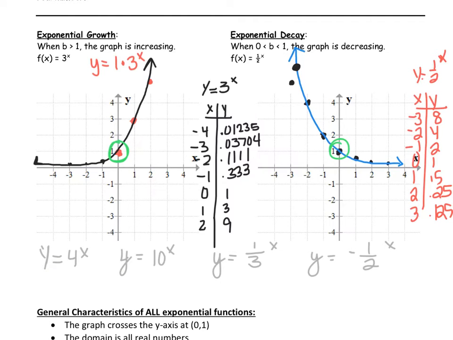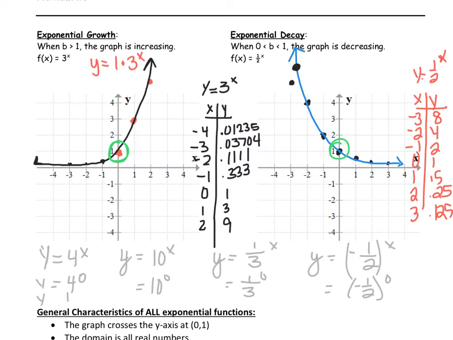No matter what the base value is, whenever I raise a number to the 0 power, so 4 to the 0, 10 to the 0, 1/3 to the 0, 1/2 to the 0, anything to the 0 power will give us 1.